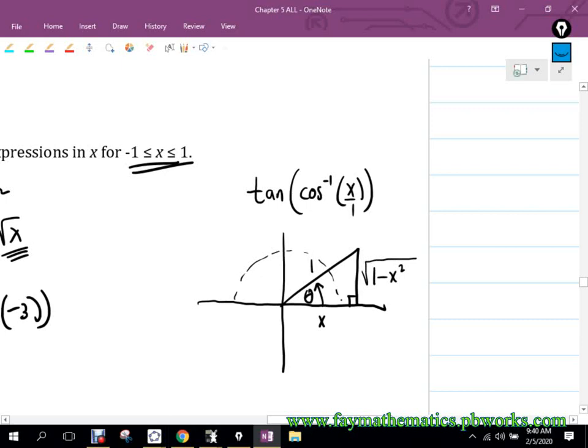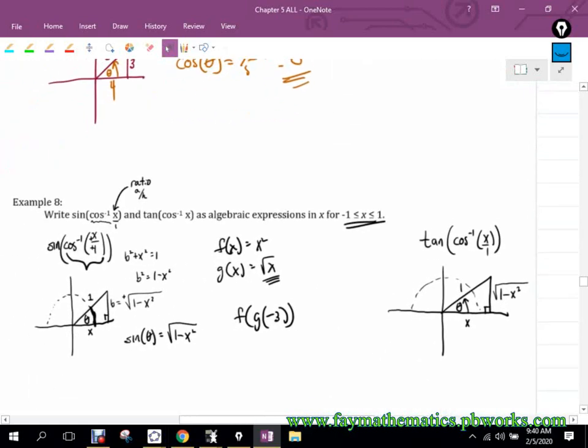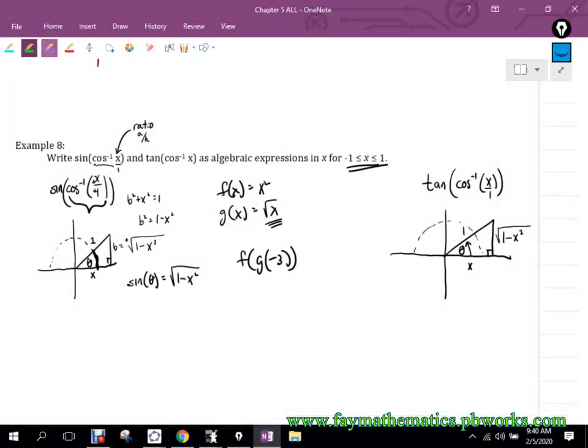Huh? It's the same. All I'm saying here is, isn't this part right here, what we just did, the same as that right there? No, because what if I gave you the input was 2x? What if I gave you the input was 3x? What if I gave it to you as x over 5? What if I gave it to you as r? The way I found this distance here is I used the Pythagorean theorem.